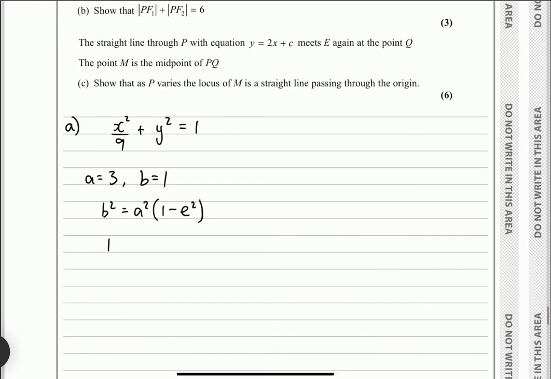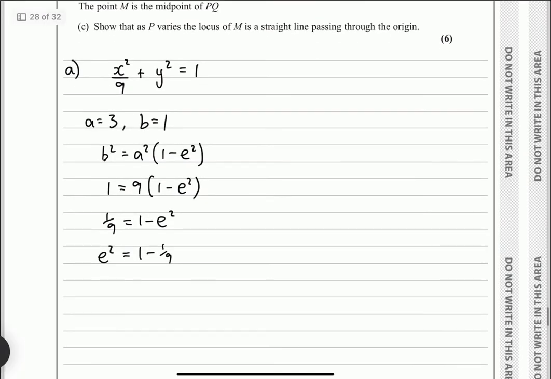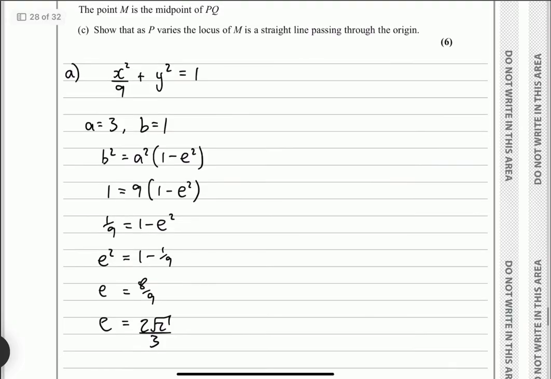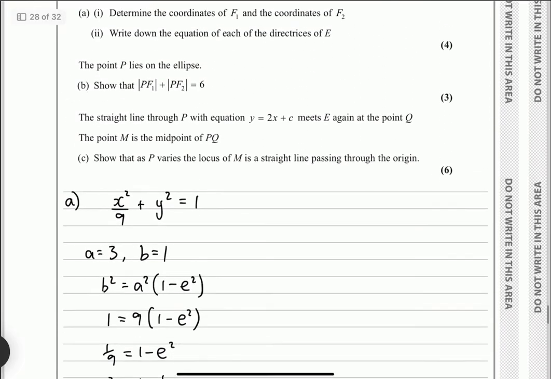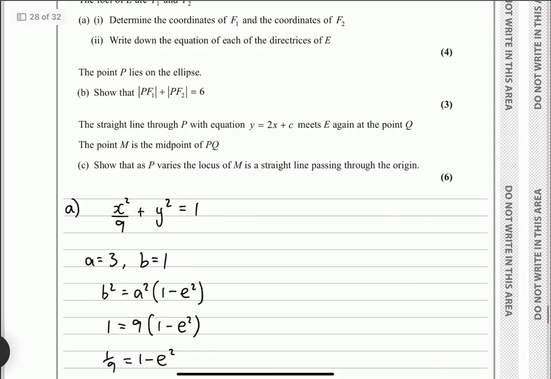So we can do 1 is equal to 9 times (1 minus e squared), 1 over 9 is equal to 1 minus e squared, e squared is equal to 1 minus 1 over 9, 8 over 9, so e is equal to 2 root 2 over 3.